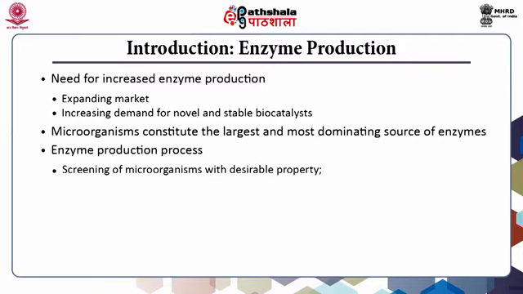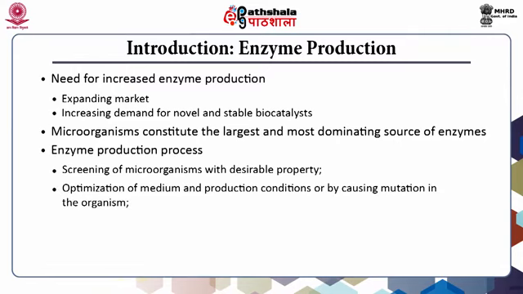The level of natural enzyme production from an organism is often very low and therefore, it is essential that the production levels are elevated to meet the industrial demand. This is often achieved by optimization of the medium and culture condition or by causing mutation in the organism.